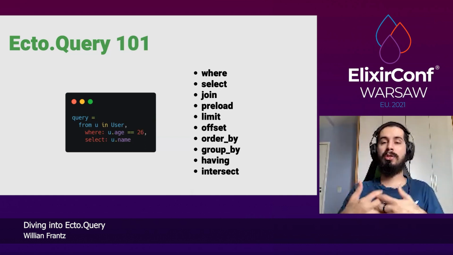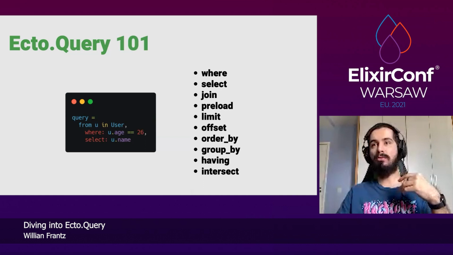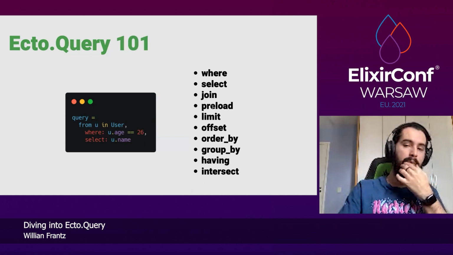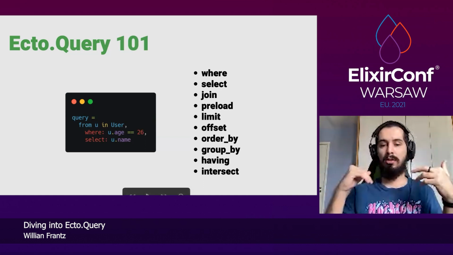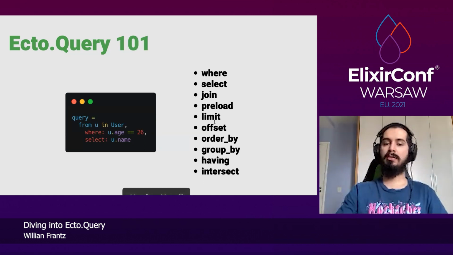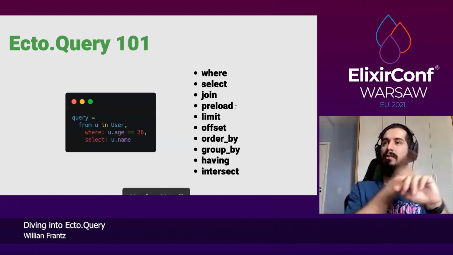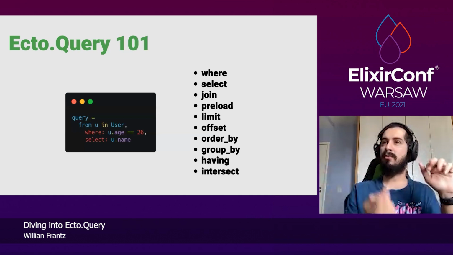But with the preload, we're saying, okay, I want to preload in a way that I can select all the fields inside the posts table. We have the limit, so I could limit how much data I'm going to bring from the database. We have the offset in case we want to bring limit 5 from the offset 1 or limit 5 from the offset 2.